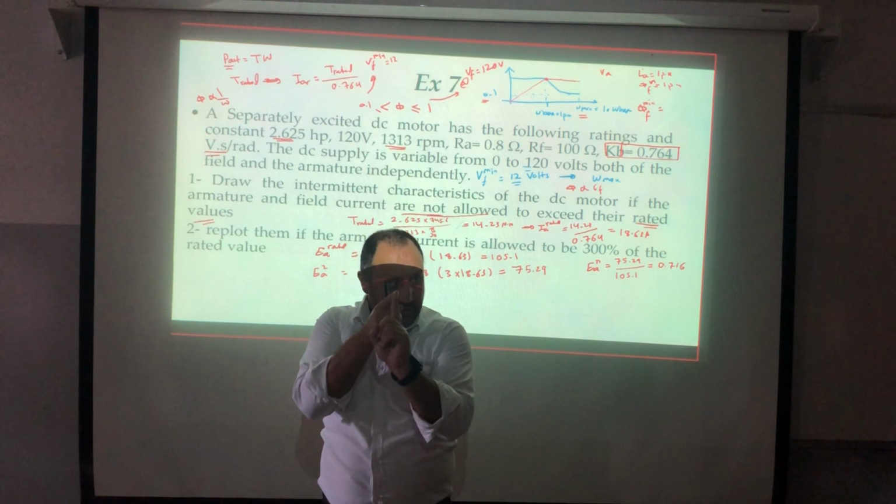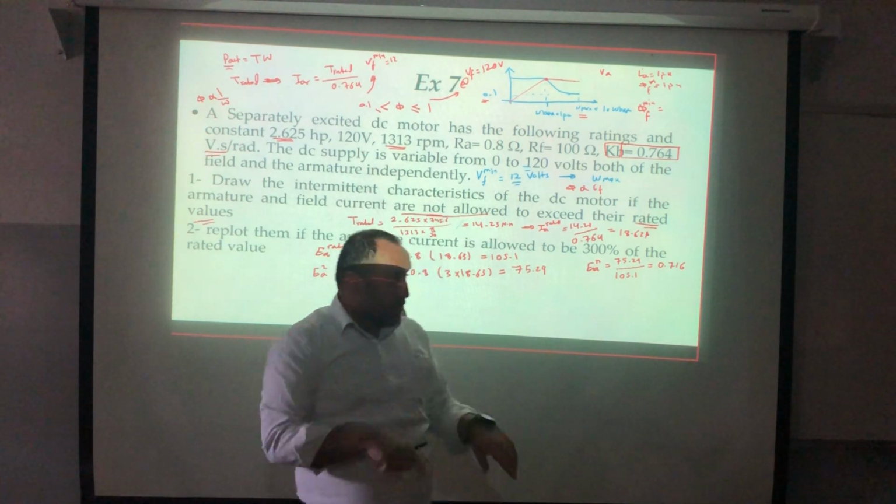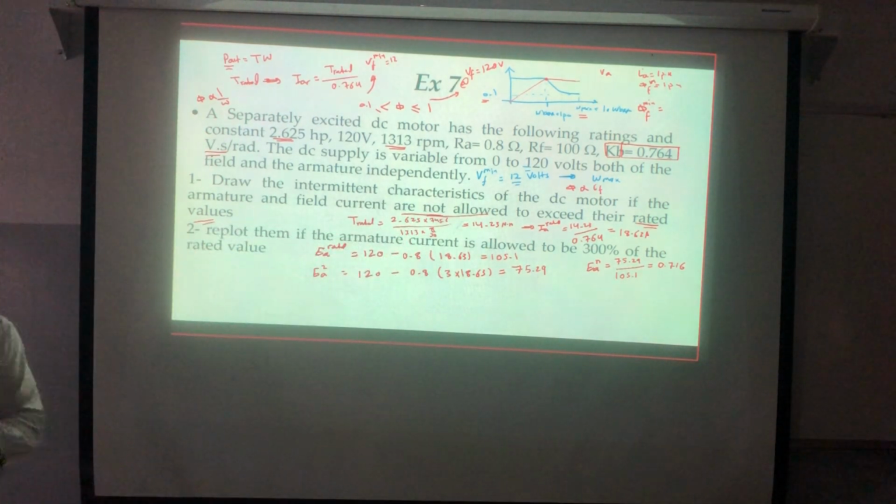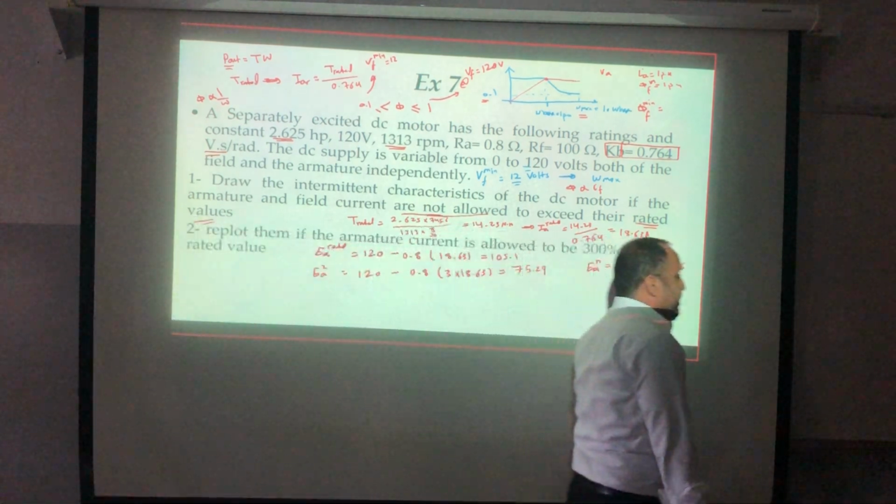So who can give me at this point omega base equal to? 0.716. Why? Because EA is equal to K phi omega, and at that point, phi is equal to 1 per unit. So in terms of the per unit, omega will equal EA.